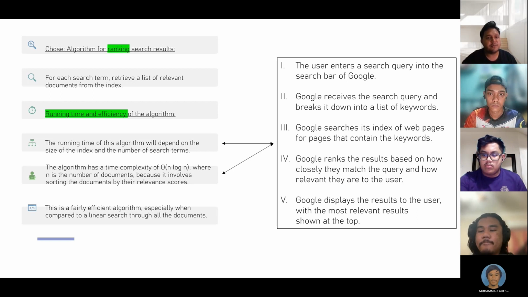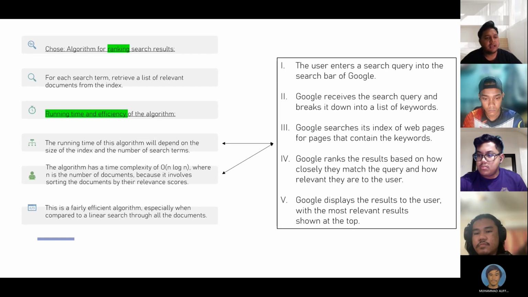The main causes or factors of ranking are relevance: the relevance of a web page to the search query is often a major factor in determining its ranking. Another factor is page content: the content of the web page, including the use of keywords, can also be important for ranking results. Next is the running time and efficiency of the algorithm itself. The running time of this algorithm will depend on the size of the index and the number of systems.